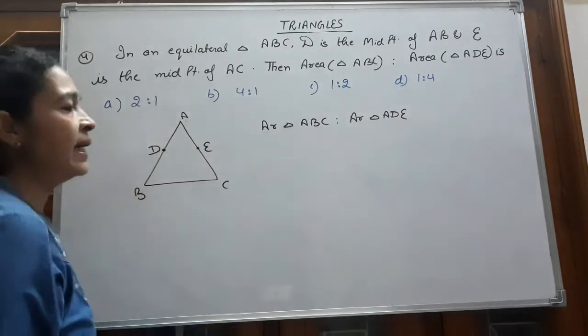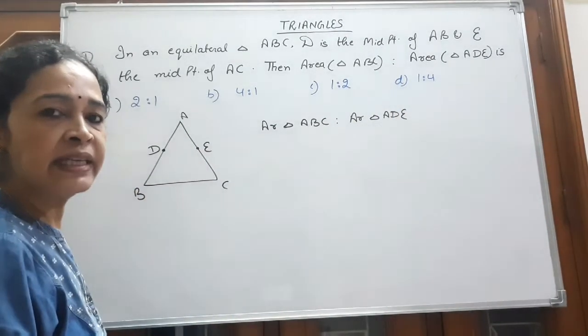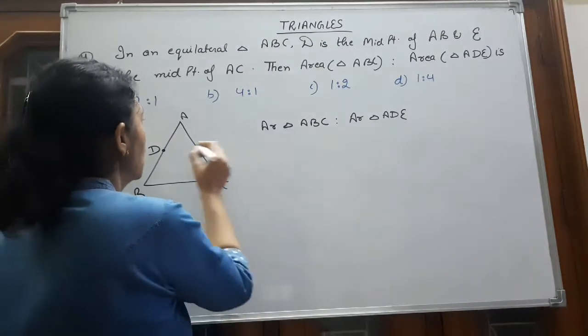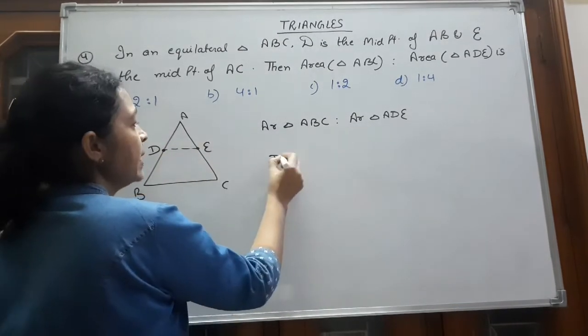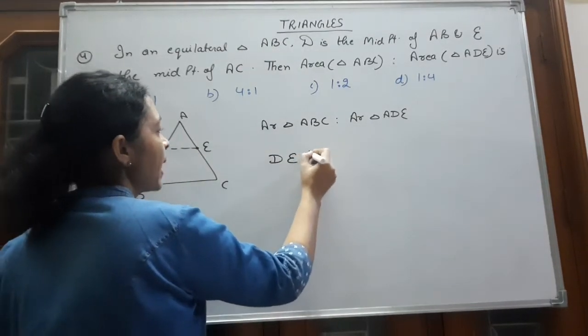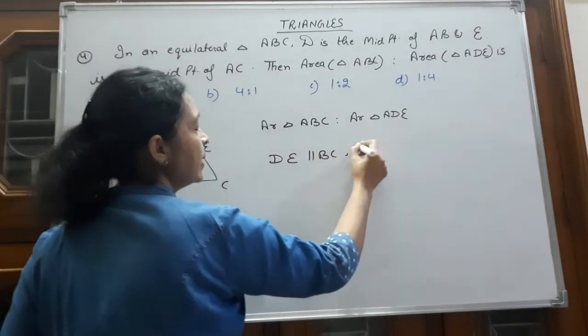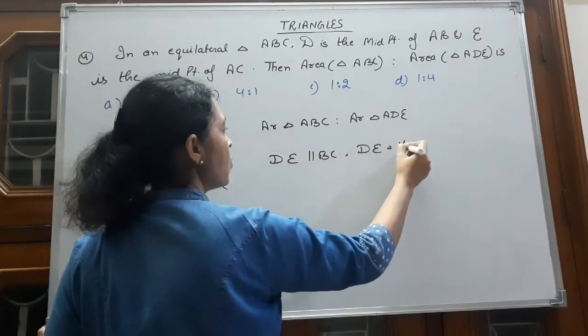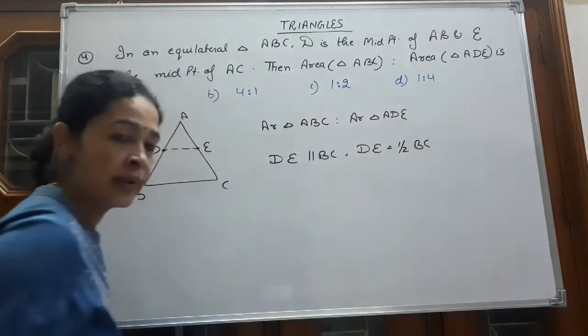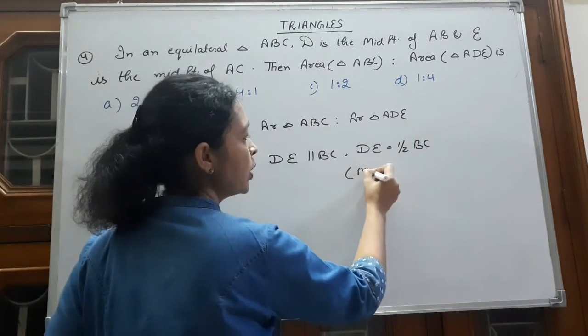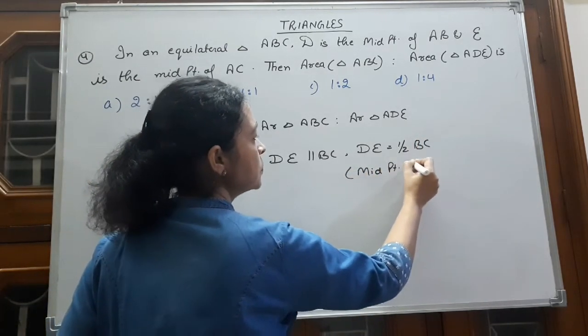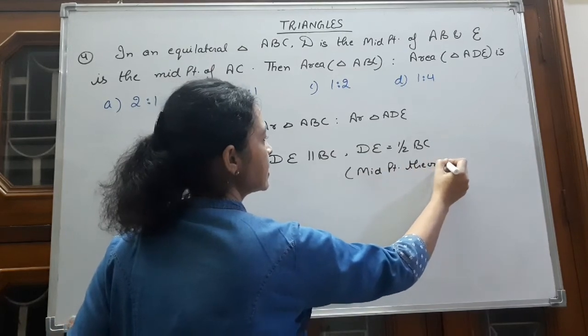Now, D and E are the midpoints of their respective sides. So, DE will be parallel to BC and DE is equal to half of BC. Why? As per the midpoint theorem. You must have learned it in class 9.